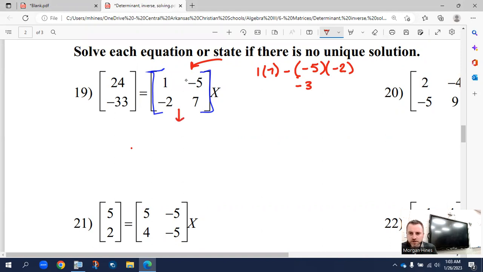But to find the inverse of this matrix, we're going to do 1 over the determinant, which is negative 3. So that's just negative 1/3 times, these two switch places, 7 and 1, and the other two switch signs. Switch places and switch signs.